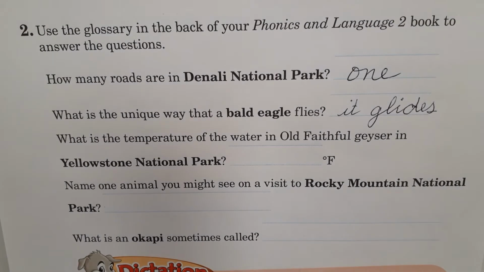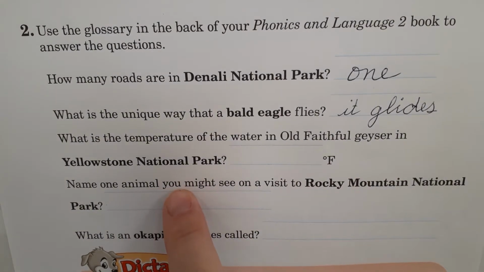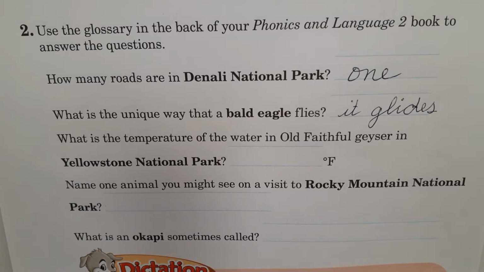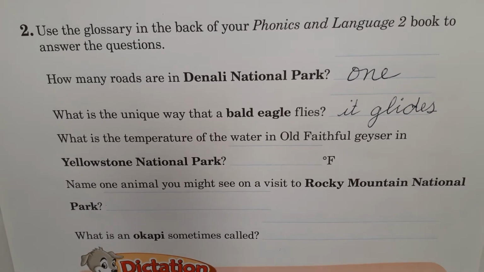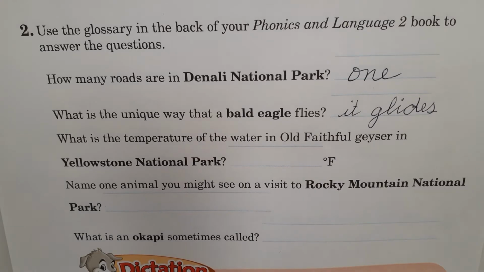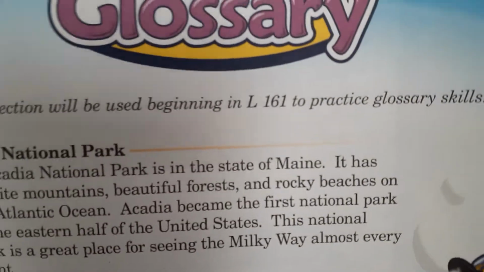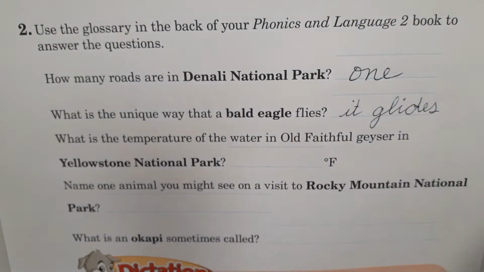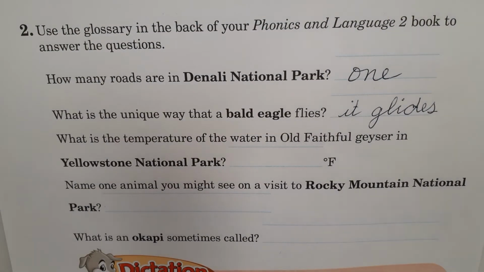Find the answer to one animal you might see after you read that little section. And go ahead and do the last question as well. All of you should have this. This was sent in your packet in your envelope. So that is your glossary, which is a lot like a dictionary because you will find the words in alphabetical order. Now for dictation.